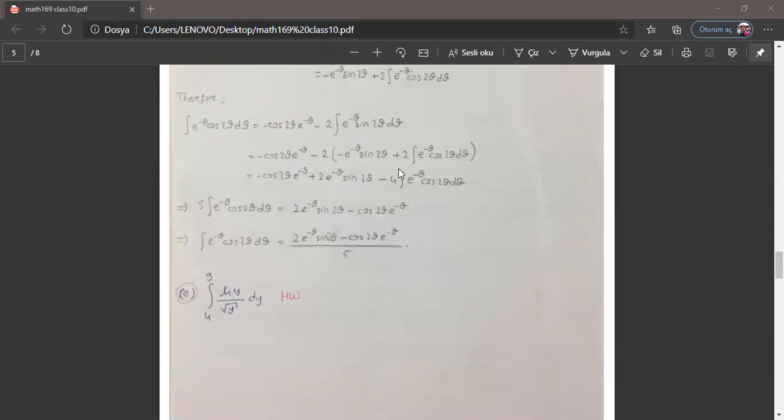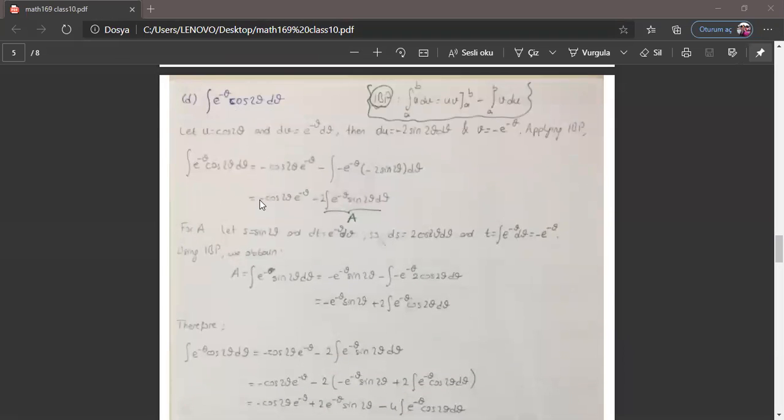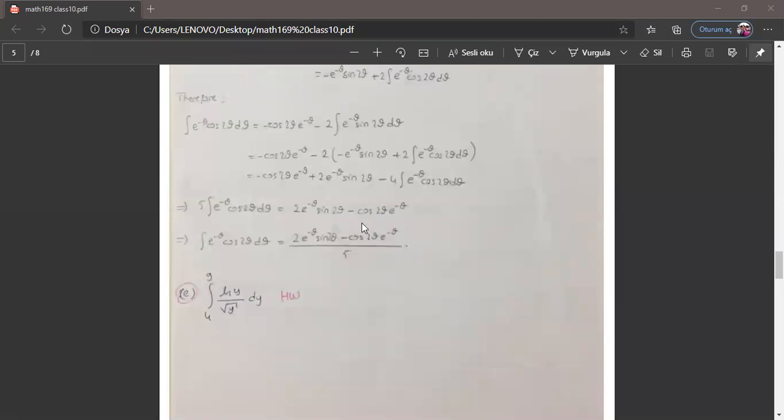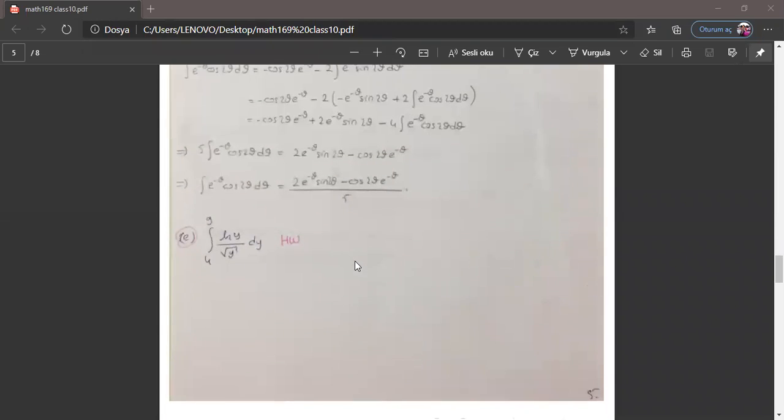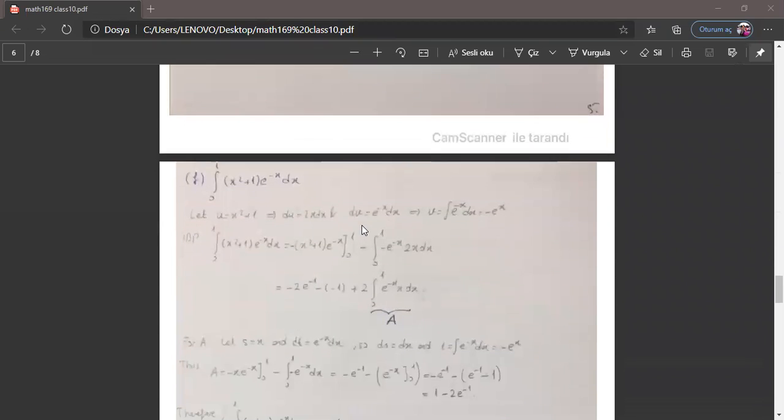So we write this on the left, and we get 5 times that, which is equal to the rest, which is this. If we divide by 5, we obtain what we desired, okay? We wanted to compute that, right? And finally, we have this. Okay, this is also homework.